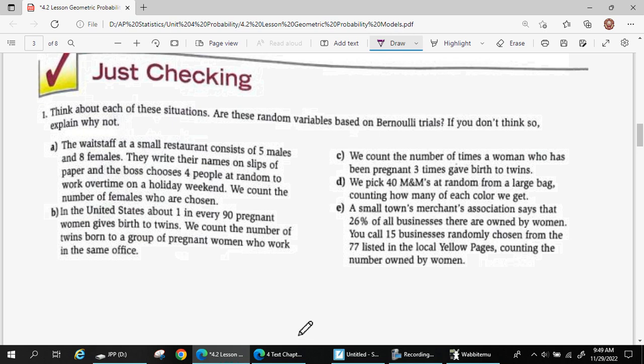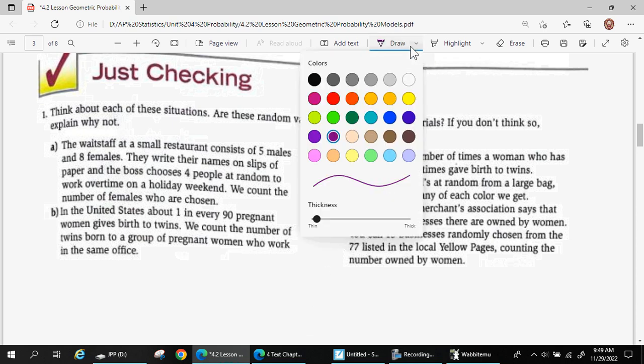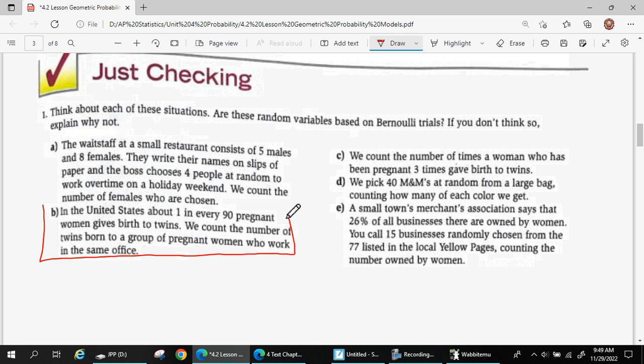So if you read through these, the only one that you can answer yes to as being a Bernoulli trial is B. So if we look at this group of pregnant women, they either give birth to twins or they don't. So we call that success failure. In this case, success would be twins.